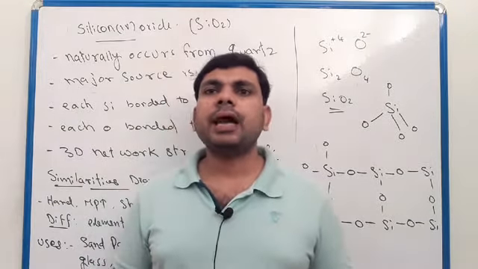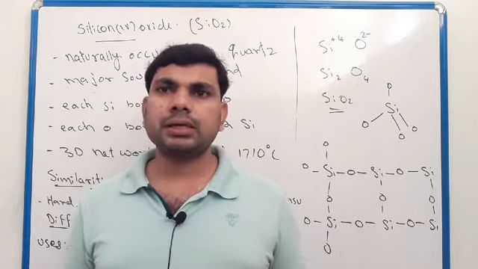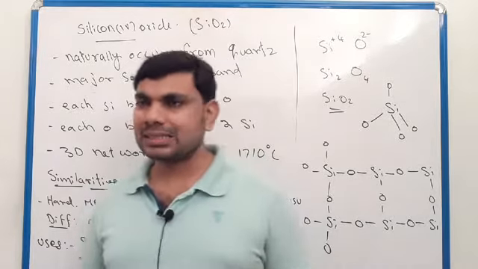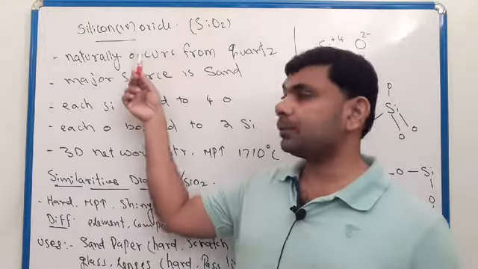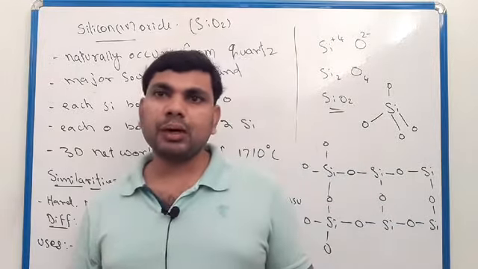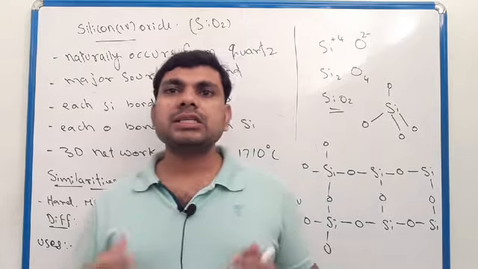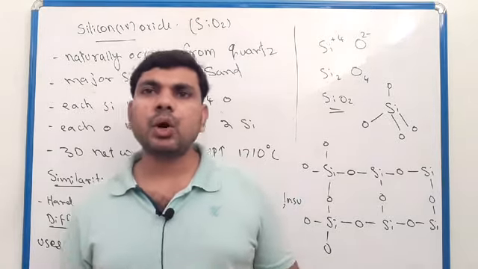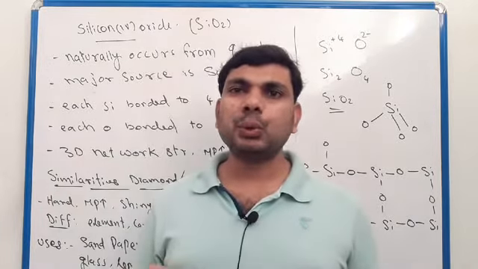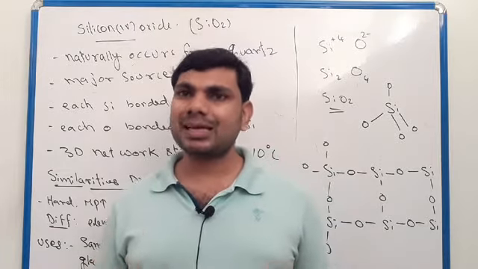Okay, next one we have to discuss here is silicon oxide. Here we will write it as silicon 4 oxide because the valency of silicon is 4. Actually it is silicon oxide. The formula of silicon oxide is SiO2.